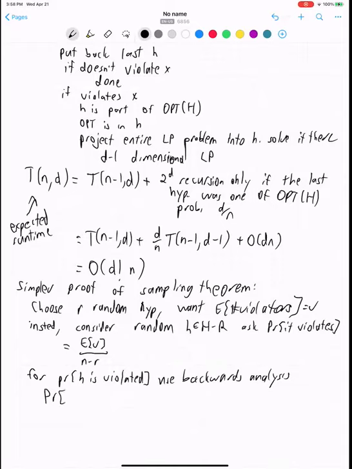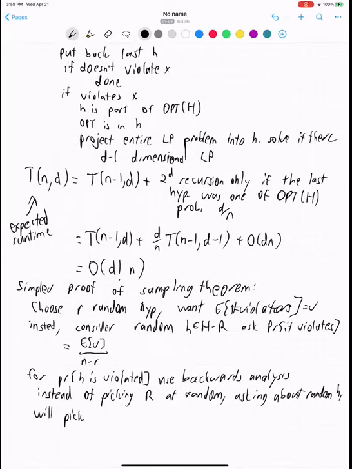Instead of picking R at random and then a random H, I will pick R union a random H at random together, and then randomly pick which of them is H.